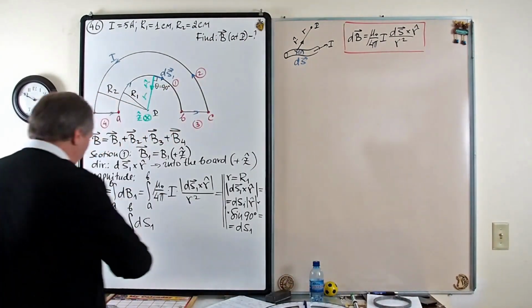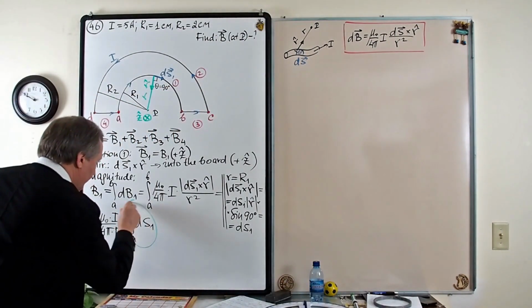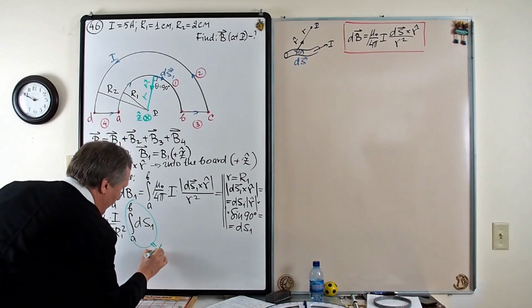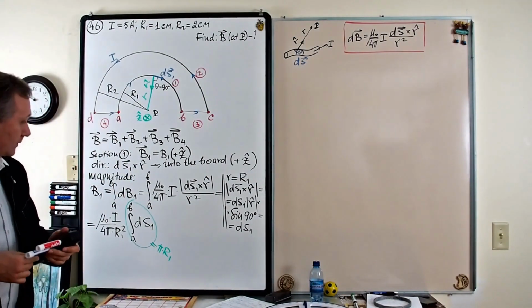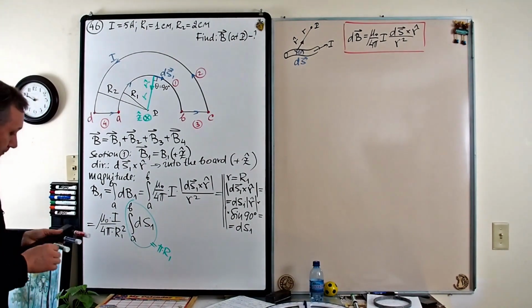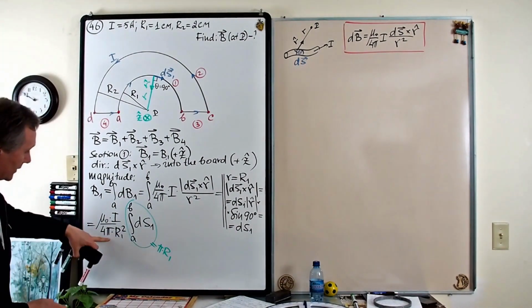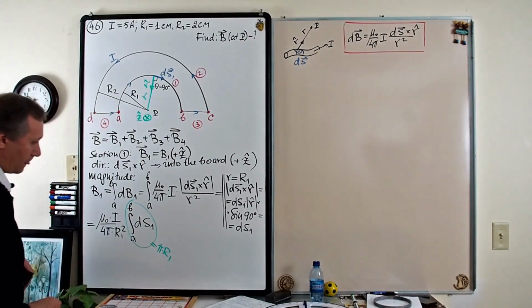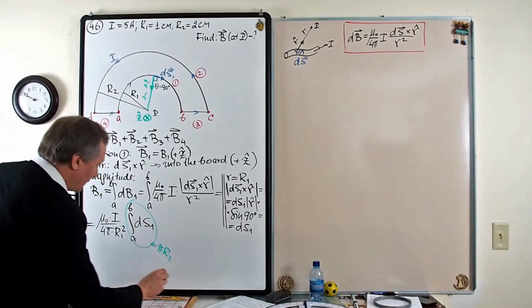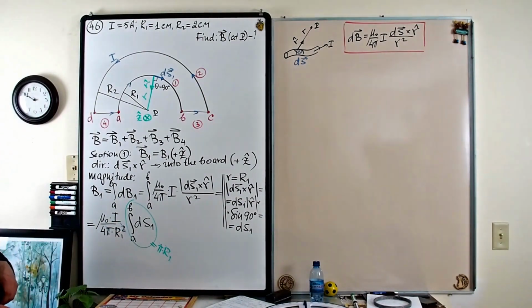Okay, so the value of this integral is just pi r1, half of the circumference. Right? And then look, this pi and this pi get cancelled. Then one of these r's and this r get cancelled.